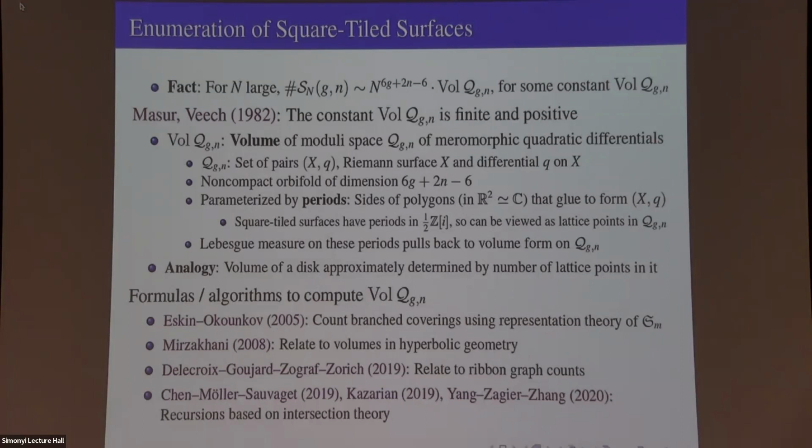This theorem, which goes back, I guess, 40 years by this point, says that this volume is finite and positive. Volume with respect to what? Yeah, I'll sketch what I mean in a second.